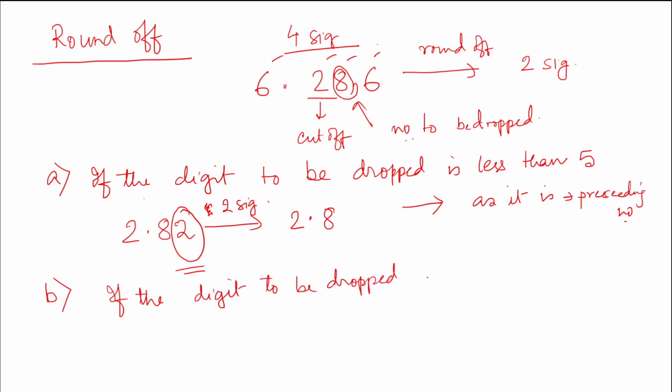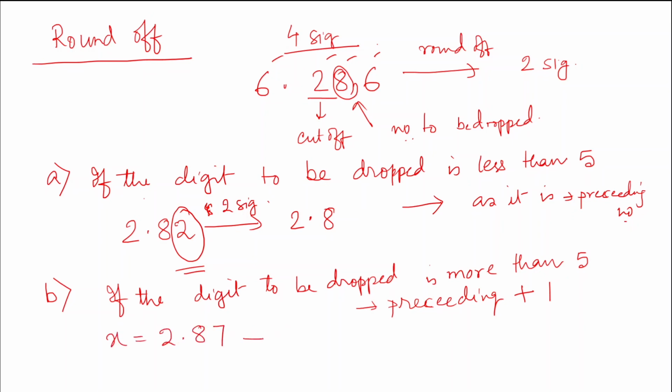Second है कि if the digit to be dropped is more than 5, मतलब जिस डिजिट तक कट ऑफ है उसके बाद वाला जो डिजिट है वो अगर more than 5 है, then what will happen? Preceding number के साथ, मतलब वो जो कट ऑफ डिजिट है उसके साथ we will add +1. Example: 2.87.